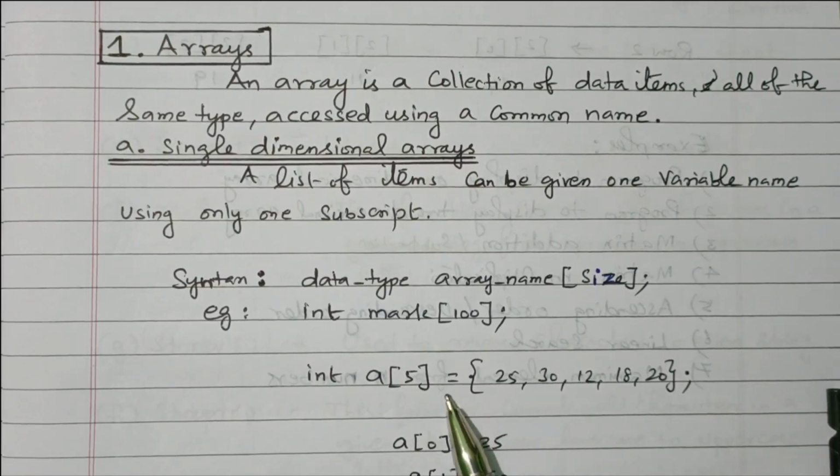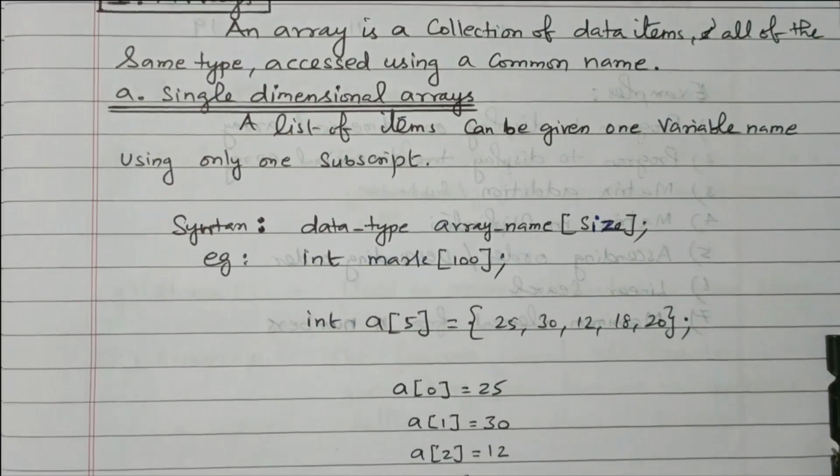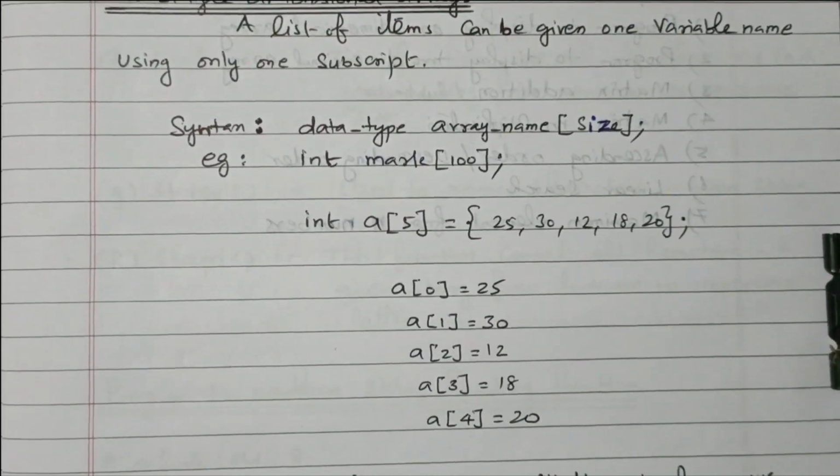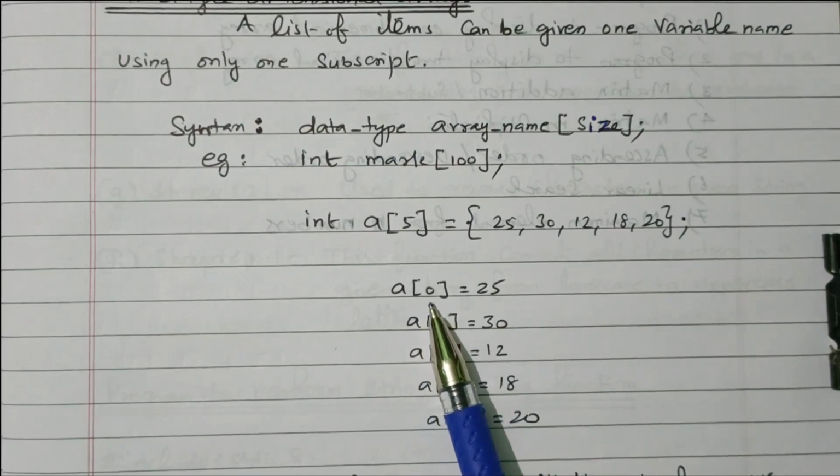Now how are these elements stored, how do we access them, how do we differentiate these 5 elements? The first element, 25, is stored in a[0]. This is the variable name, this is 0, similarly 1, 2, 3, 4. These are called array indices.